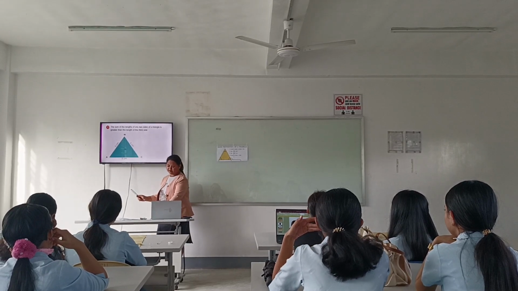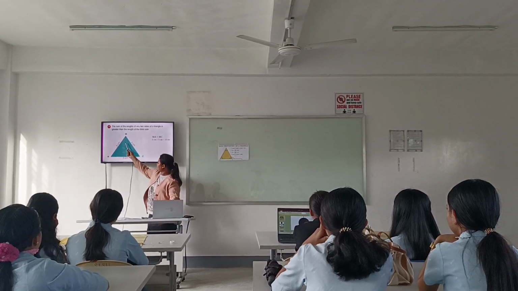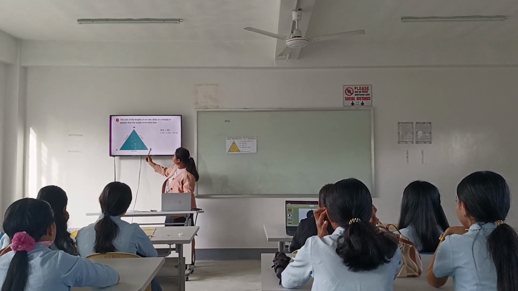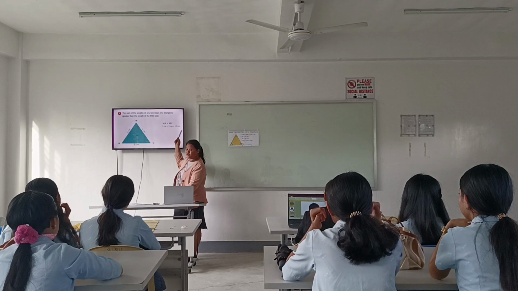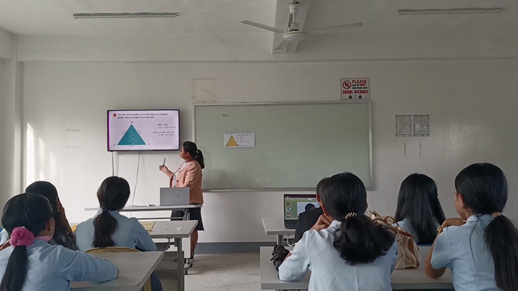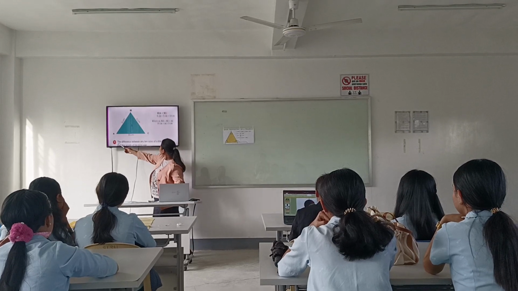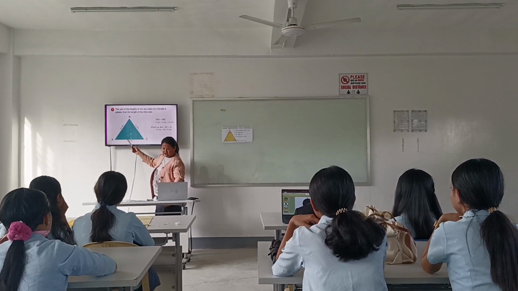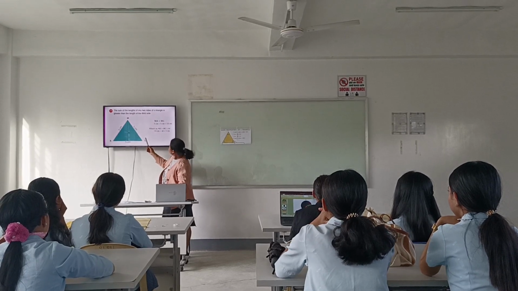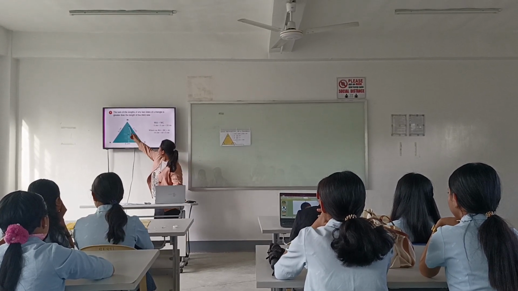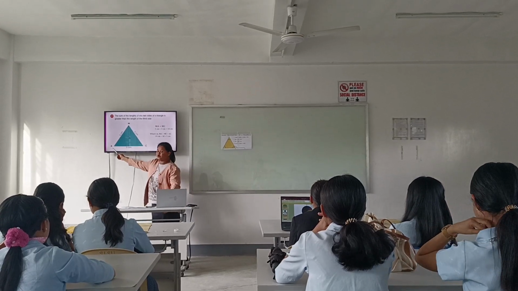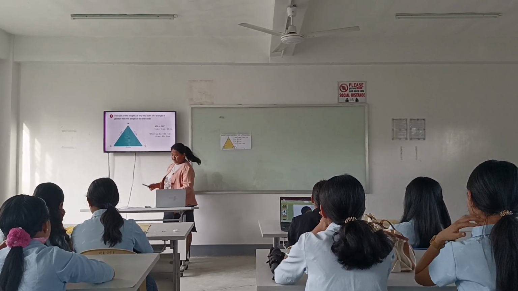For example, the sides MA and MC add up to 10 centimeters. So MA plus MC is greater than the measure of AC.